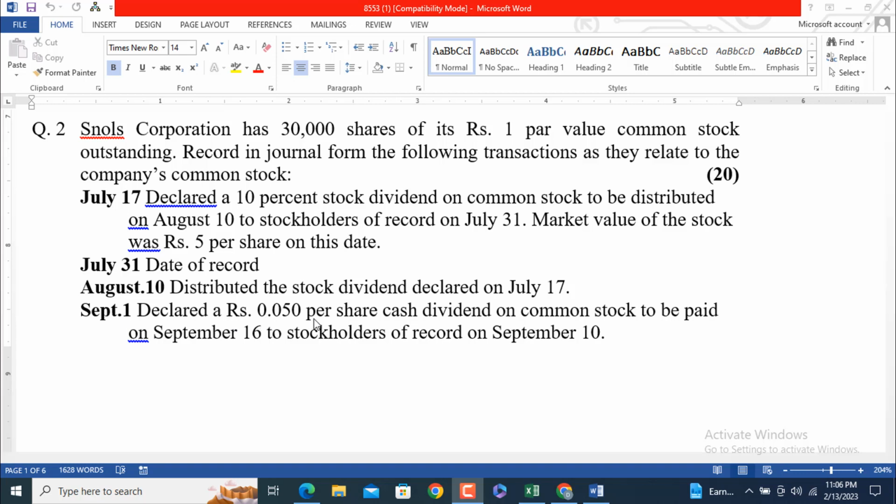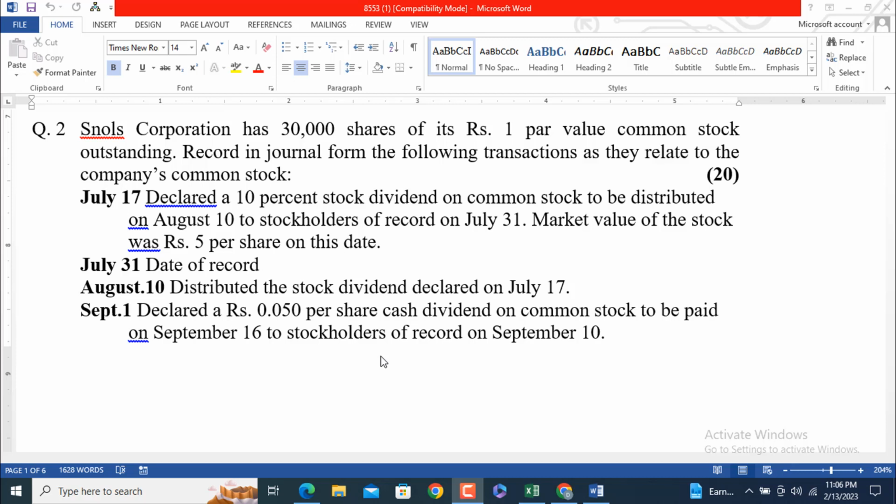Declared a rupees 0.050 per share cash dividend on common stock to be paid on September 16 to stockholders of record on September 10. Now, this is another kind of dividend, which is paid in cash, and as per the Companies Act, sorry, I have forgotten the year, which compels the company to pay the dividend from its profit.